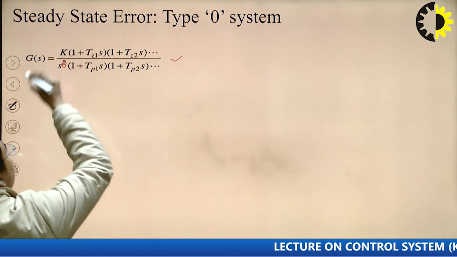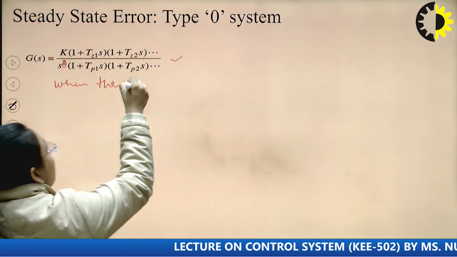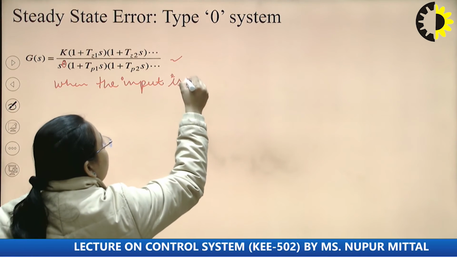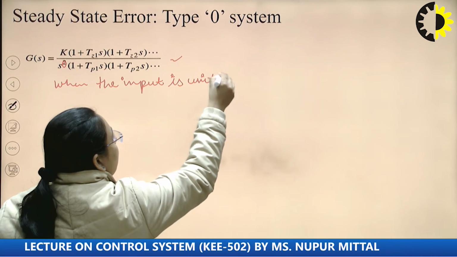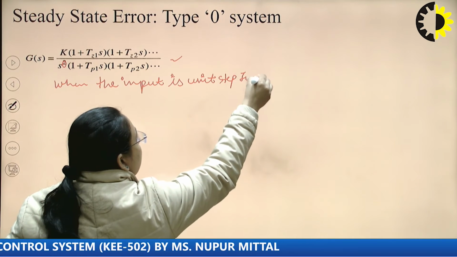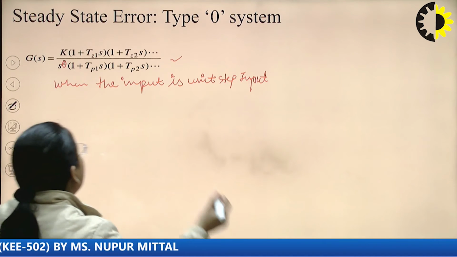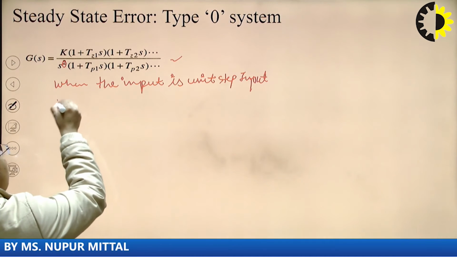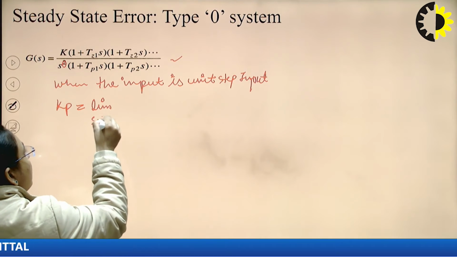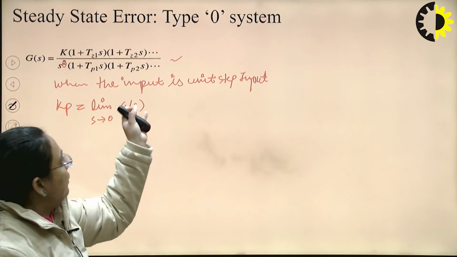So when the input is a unit step input, what will we find? Kp. The value of Kp for the unit step input is limit s tends to 0 of GS. We simply put the value of this GS in this equation.